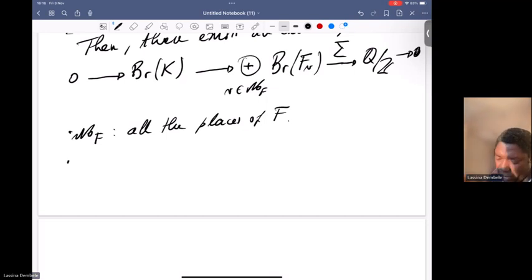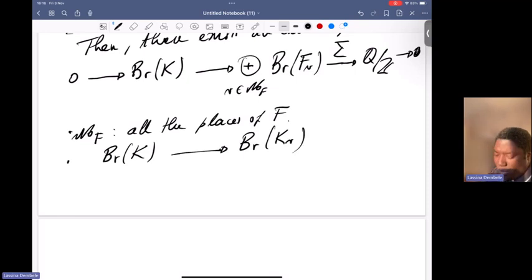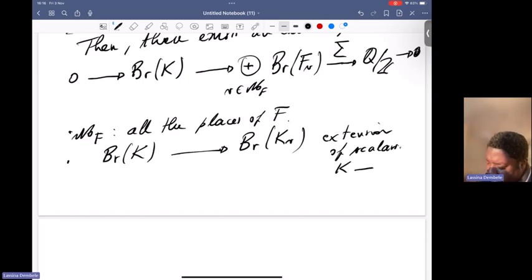And the second thing that I want to say, that we showed, is that if you have an extension of scalars, then you have a group homomorphism. So this is the extension of scalars from K to its completion.